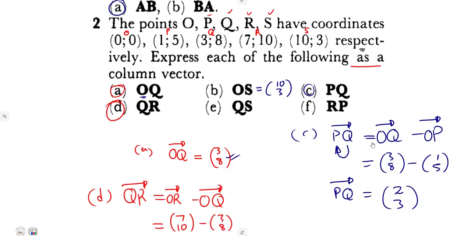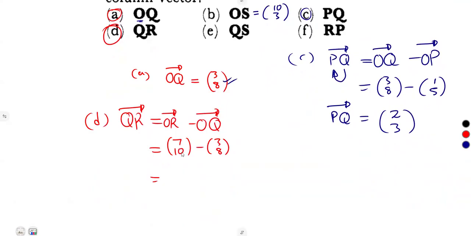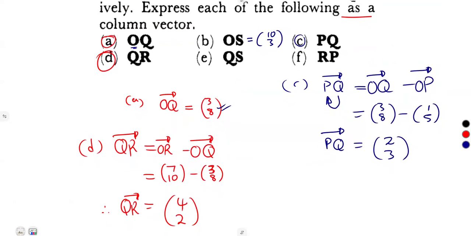We subtract corresponding elements. 7 minus 3, that's a 4. Then 10 minus 8, which is a 2. So that's our vector QR at the end. All right, so we can evaluate all these.